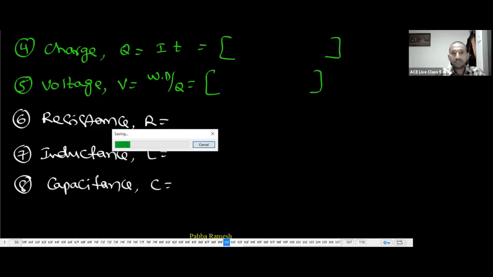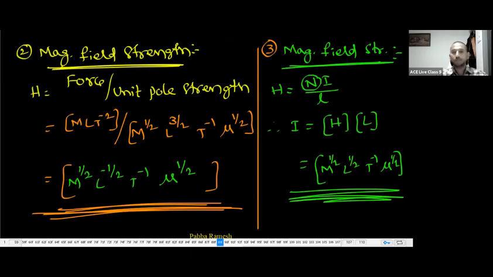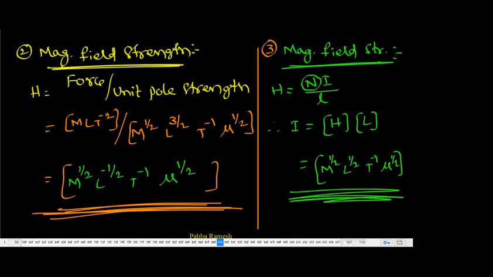Everything is there. Kindly tell me R, L, and C, just like the earlier discussion. I am keeping this thing. Give me the resistance value, inductance value, and capacitance value dimensions.